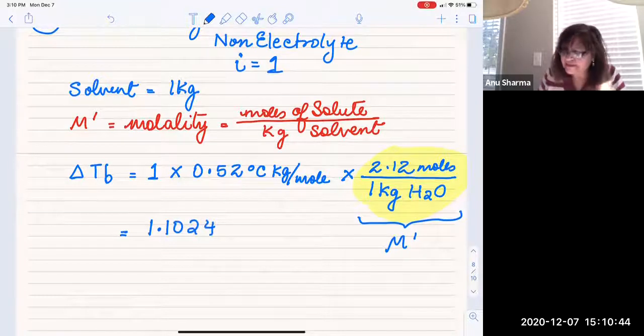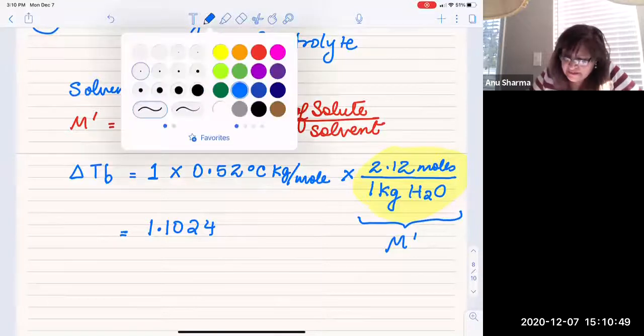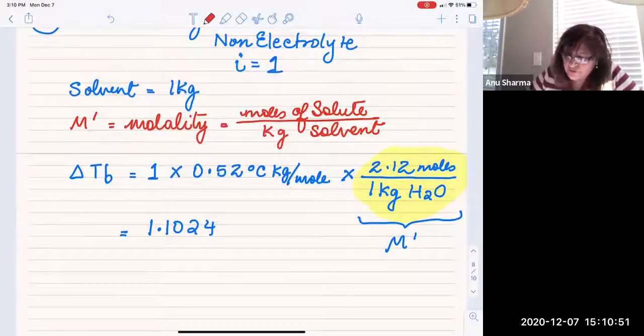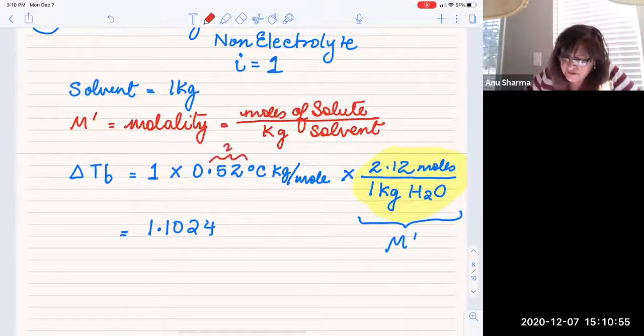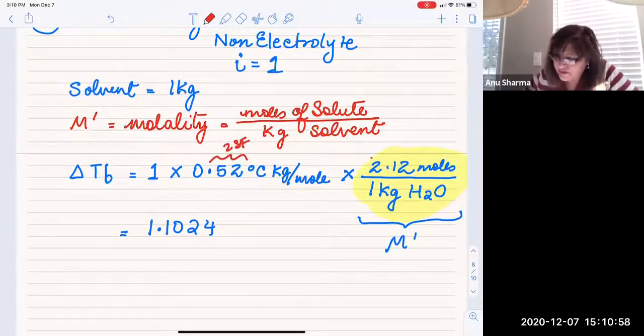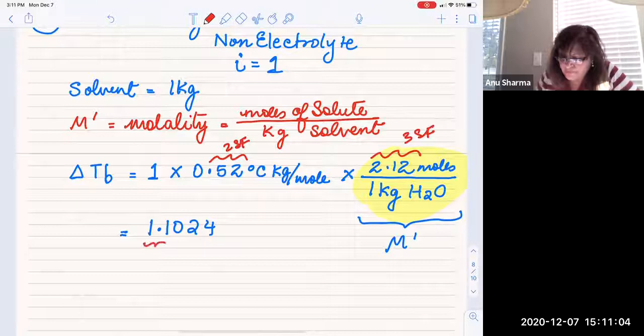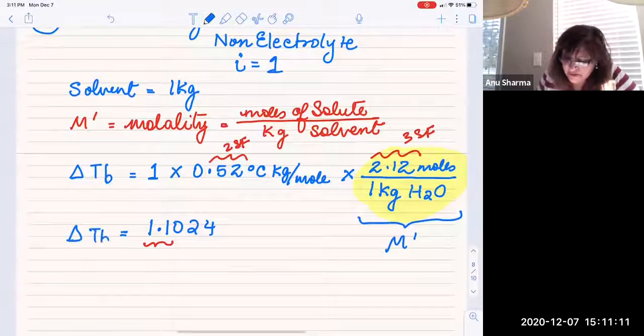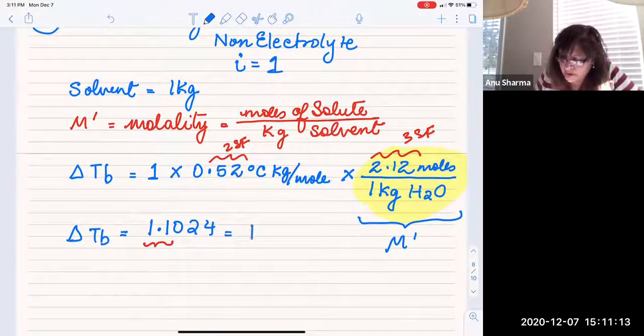So this becomes 1.1024. Once again, let's look at the significant figures. This one we omit the 1, so this is 2 significant figures, and this one right here is 3 significant figures. So the final answer should have 2 significant figures: 1.1. So it's safe to write that the value of delta TB is equal to 1.1 degrees Celsius.